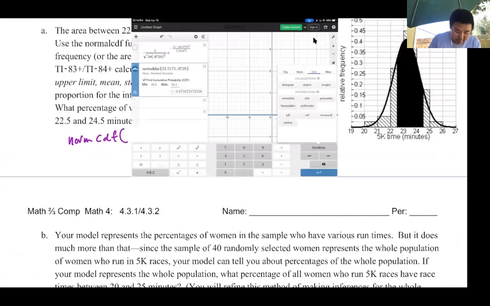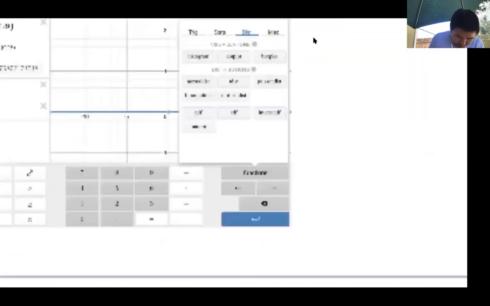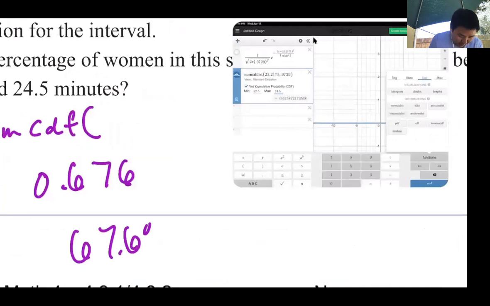And that will get you your value of 0.676 or 67.6%.